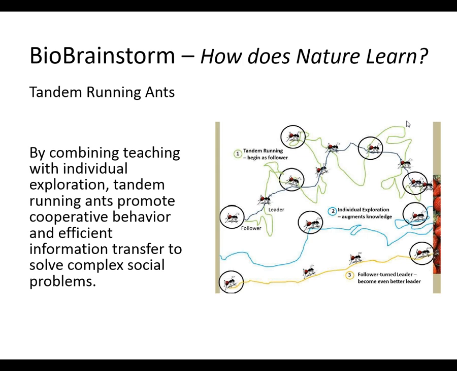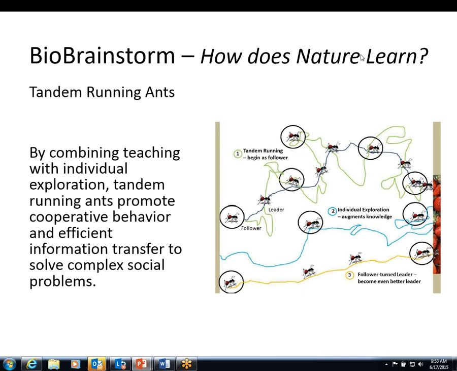And so from that, we abstracted some design principles. One is upfront investments of time and energy into exploring options yield greater and more sustainable results. Another is combine acquired information with direct experience for best results.